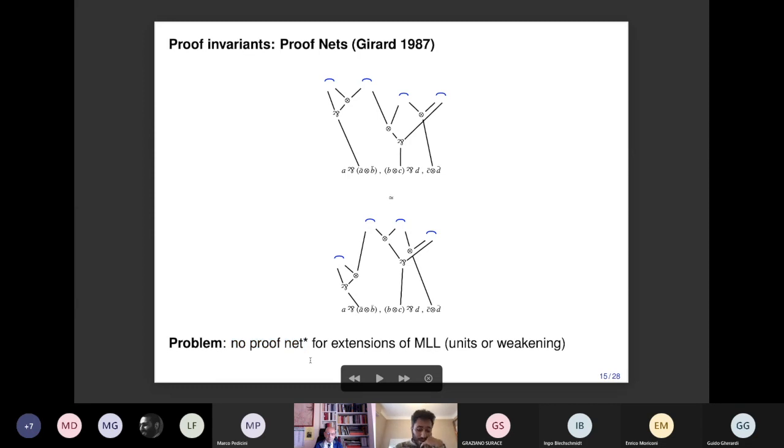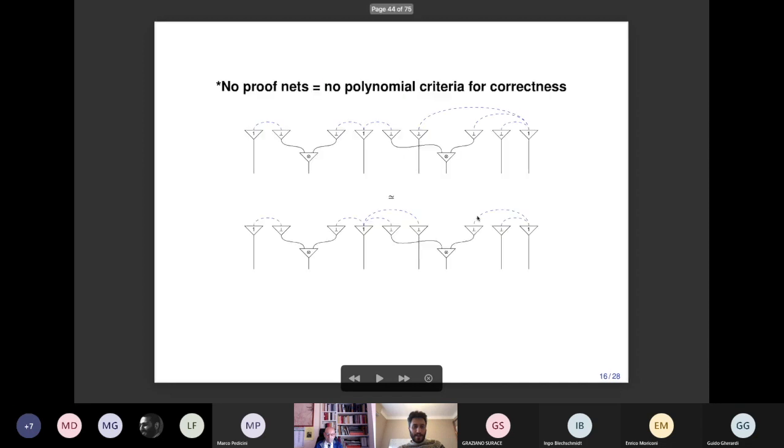A paper from 2014 tells us that the proof net syntax works only for this logic: you have a conjunction and a disjunction without weakening and contraction. And if you want an example of what's going on, take the same logic and add the units.